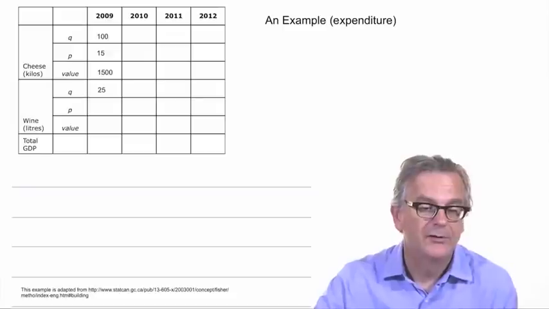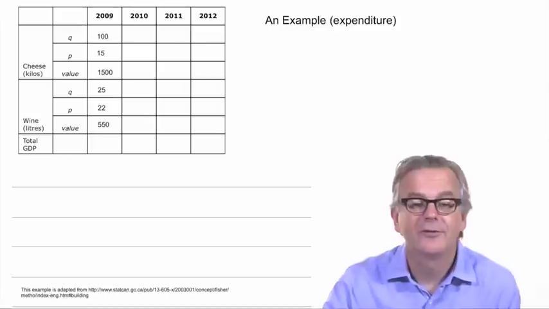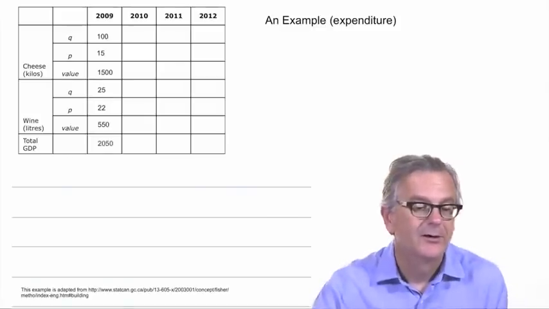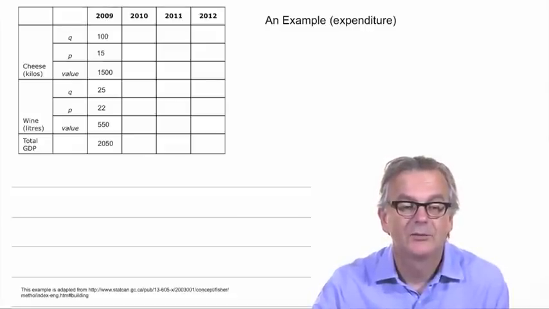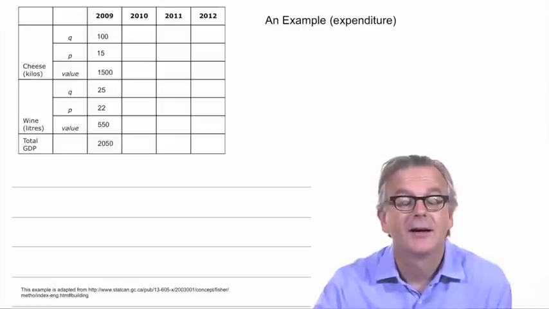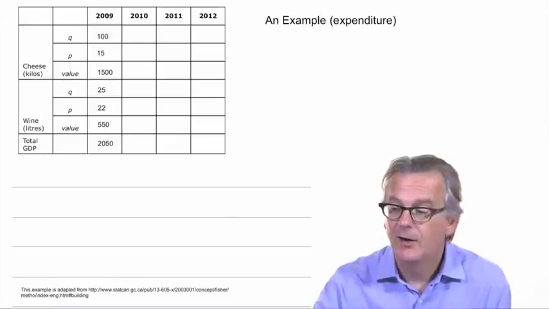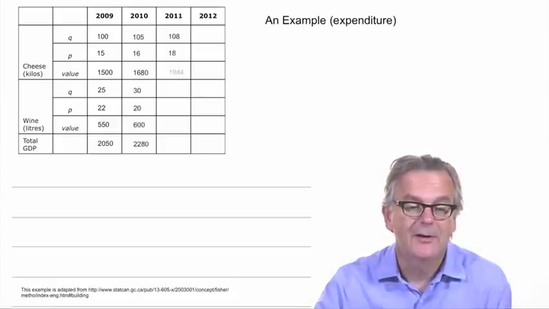We'll put in some numbers for wine, 25, 22, and a value of 550, and we'll just fill in the rest. Total GDP in 2009 will be the sum of those two values. Think of that as the final expenditure on cheese and wine over that year in this economy. We'll just make up some numbers for the following years.